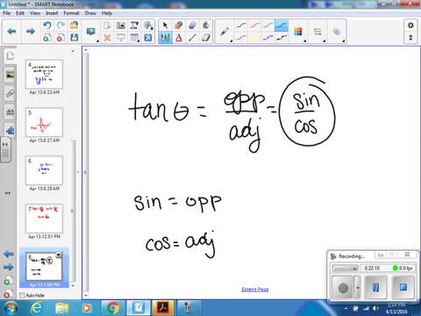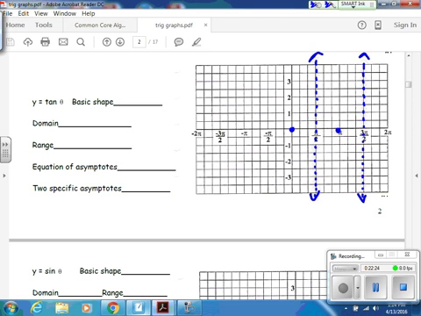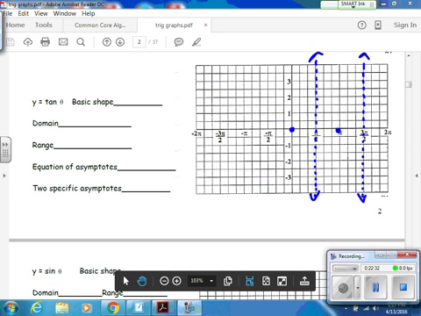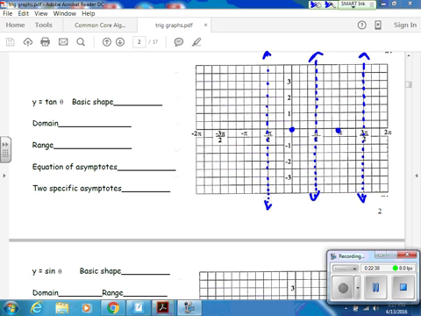X or Y? Y. Which coordinate is your cosine? X. Okay. So see if you can fill in this graph some more on your own. And again, I encourage you to do it in pencil to begin with, just in case something goes wrong. Alright, what happens about halfway through, right here, pi over 4?